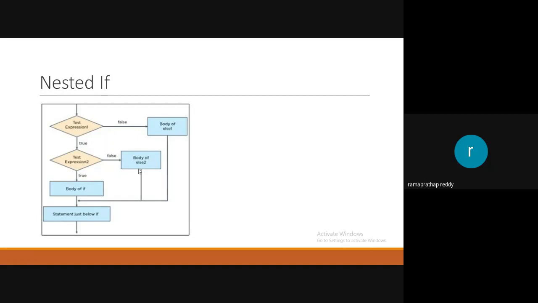After entering into the if block, again I would like to check another condition. So using an if statement, I would like to check another condition inside the if statement. In that situation, we are using nested if. Nested means integration, integrating an if statement inside another if. So first we are using one if statement in this flowchart.